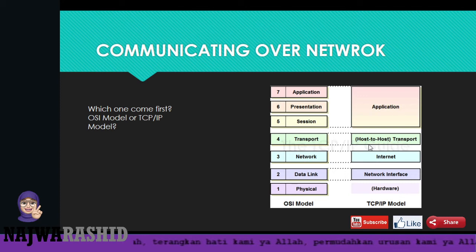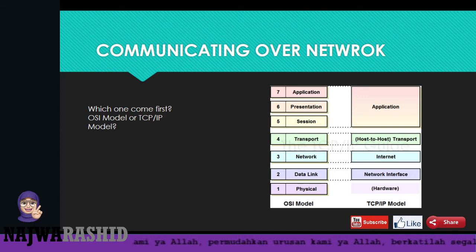Then the transport layer is the same, and the network layer is also known as the internet layer. And then we have data link and physical. Physical refers to the hardware. Data link refers to the network interface.